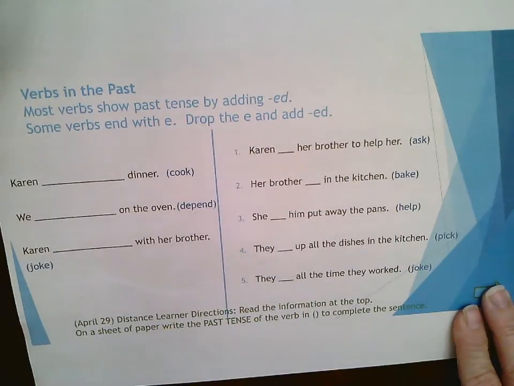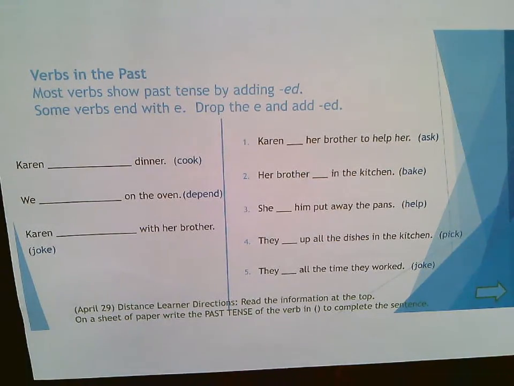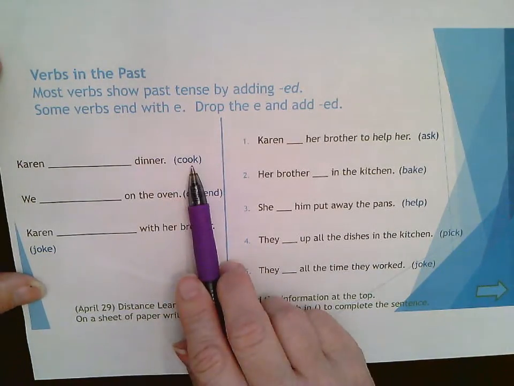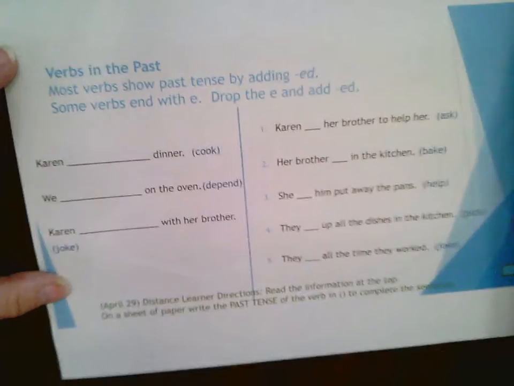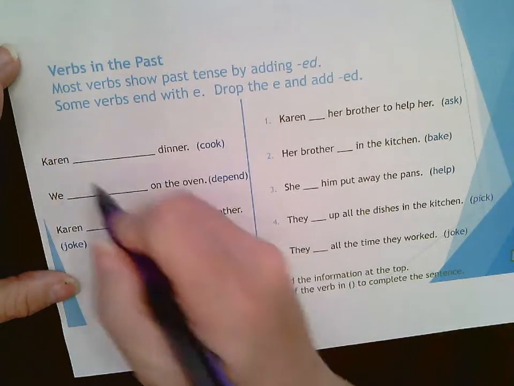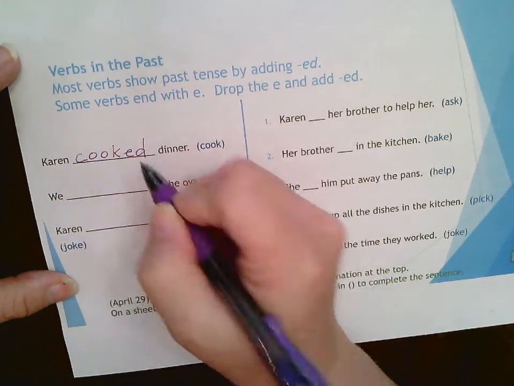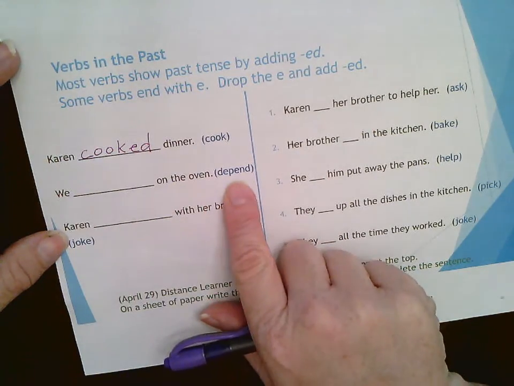And finally, let's do an exercise together. Some verbs show past tense or past time by adding ed. Some verbs already end with e, and I will drop that e and add ed to make it past tense. So let's do this together. My verb is cook. Karen blank dinner. If she already cooked it, and I just said the word, cooked would be c-o-o-k-e-d, meaning it's past tense. She already cooked it. The next sentence has the verb depend.